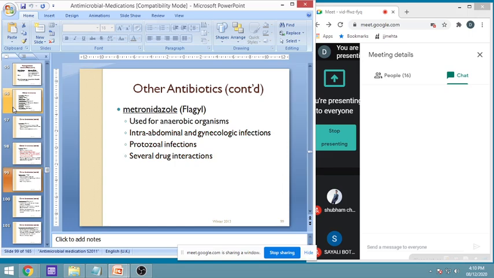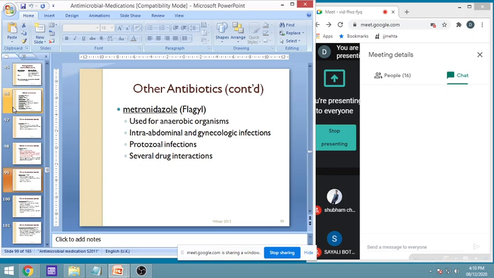Then metronidazole, as I told you, has been used for a long time for protozoal infection, that is amoebiasis, and it is a very good drug. But it has been found that this drug also has very good action against anaerobes, particularly in intra-abdominal and gynecological infections, particularly female genitourinary tract infections, where females are very prone to this kind of infection.